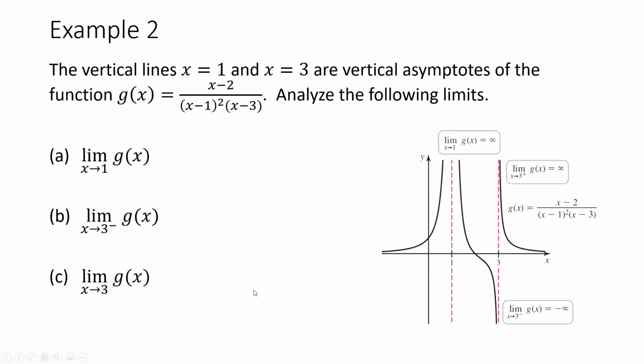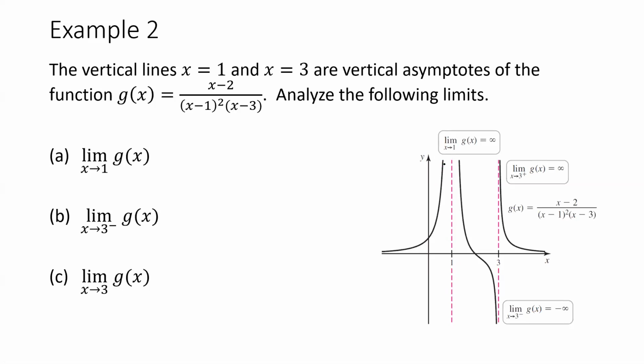So let's use the graph here to describe the vertical asymptotes. Again, we can just look at the graph. You can see that at x equals 1, we have this vertical asymptote.